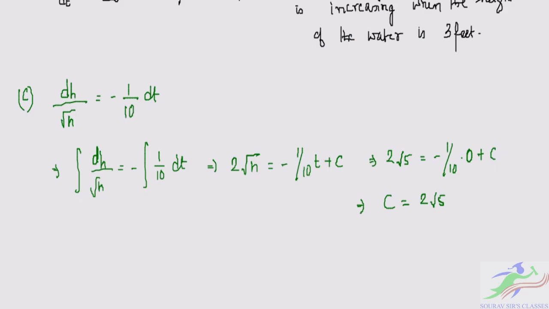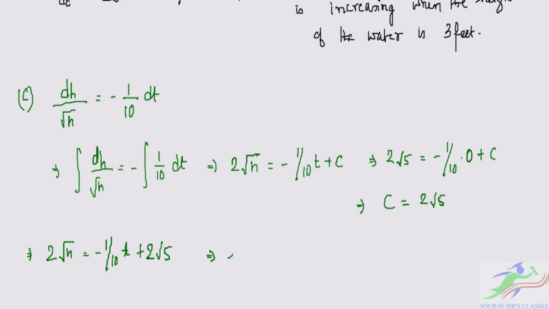Putting the value of C, we have 2√h = -(1/10)t + 2√5.